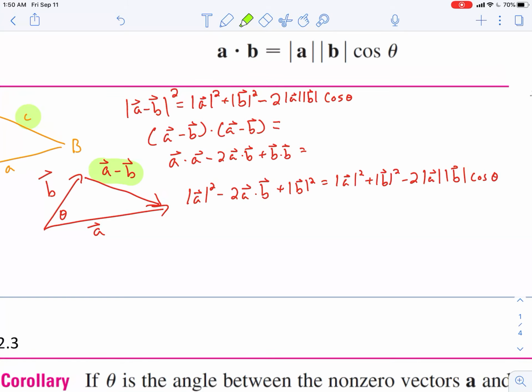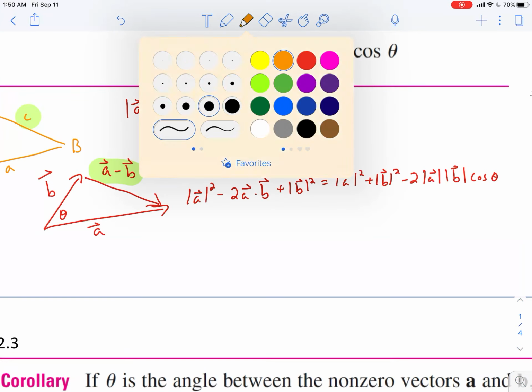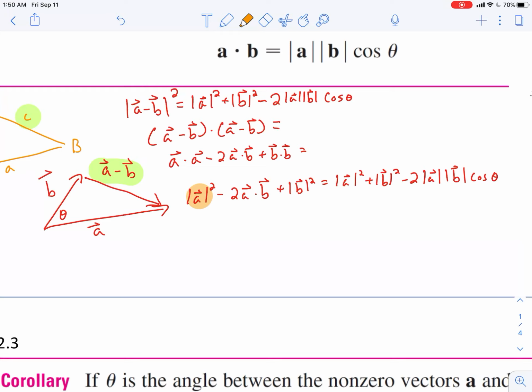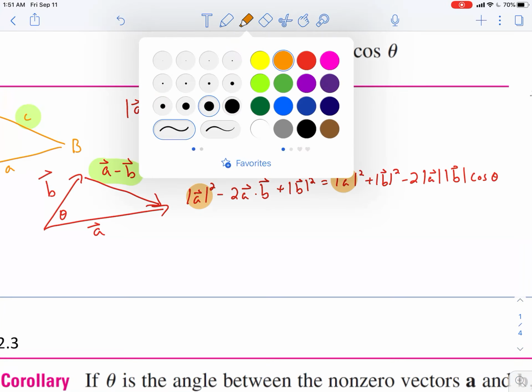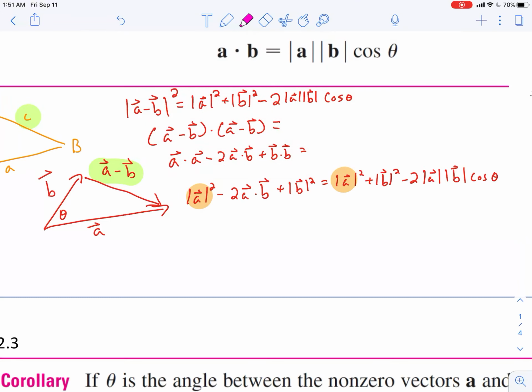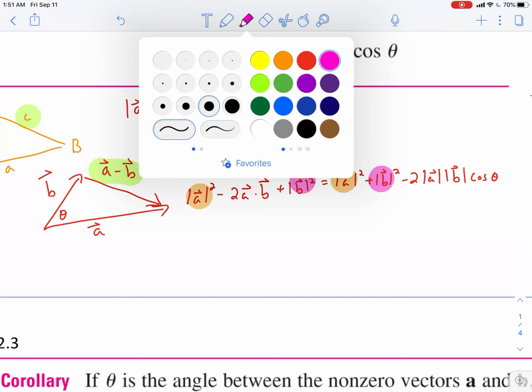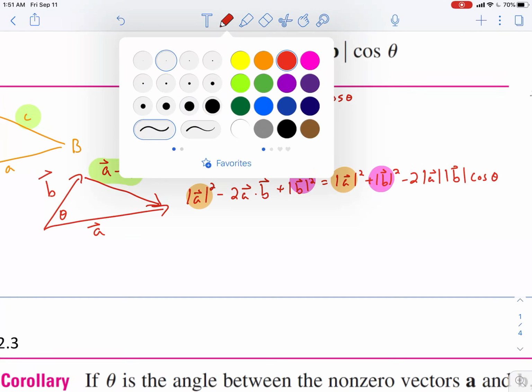And then hopefully now you see some things are going to cancel out. The magnitude of vector a squared on both sides is going to cancel out. Then we have the magnitude of b squared, they're going to cancel out.